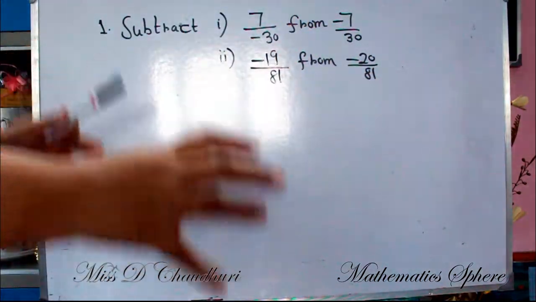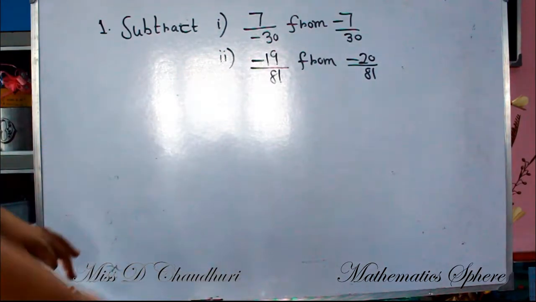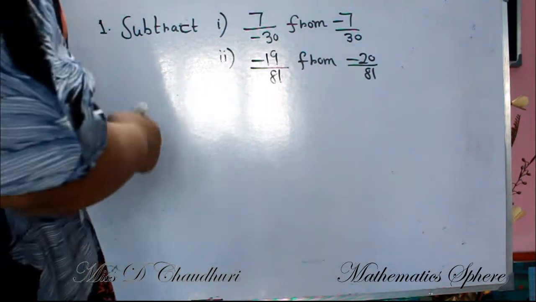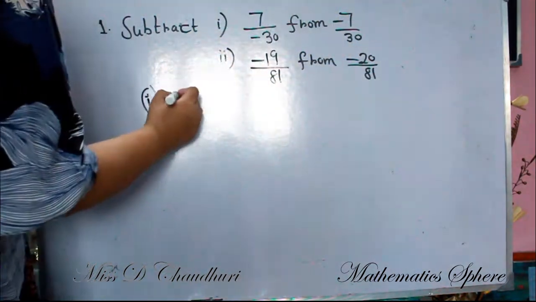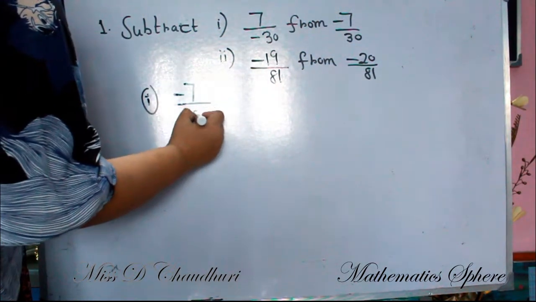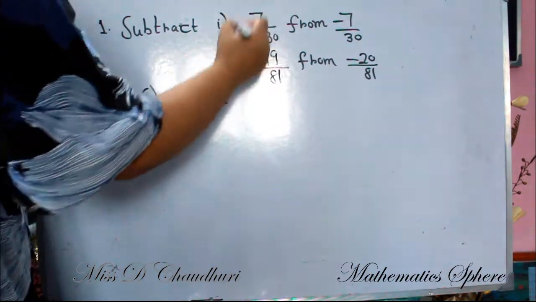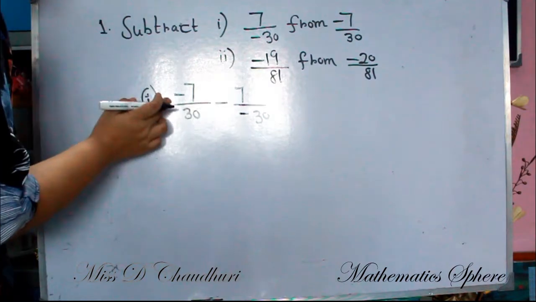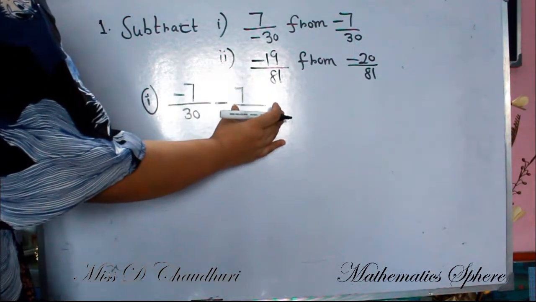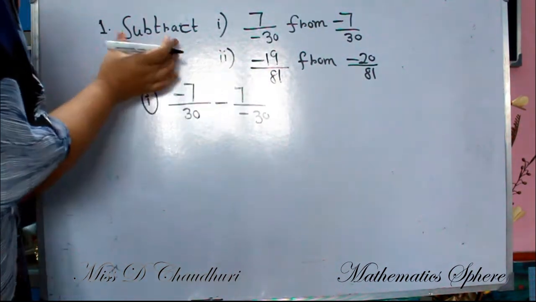So first we will write, means adjust and write, then we will do other operations. So first this one will come, minus 7 by 30 minus this one, means 7 by minus 30. This minus belongs to them, but this minus came from the question.